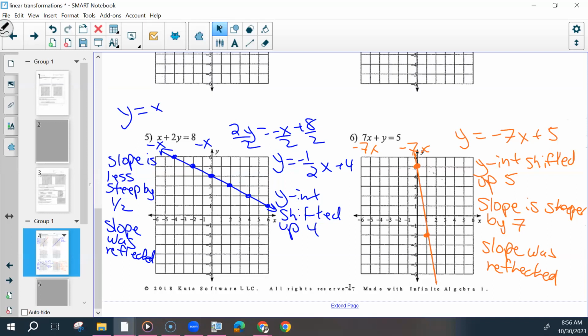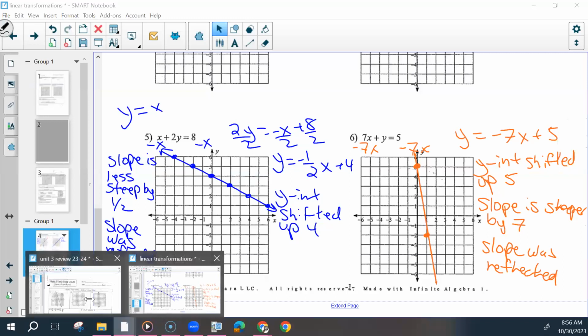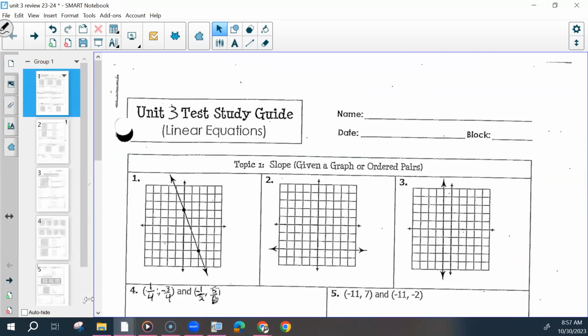Okay, so we can do this by objective or by page. Which would we prefer? Objective or page? So if we're doing it by objective, on the first page, first objective is slope. So numbers 1 through 9 all deal with slope. What questions do we have on any of those?